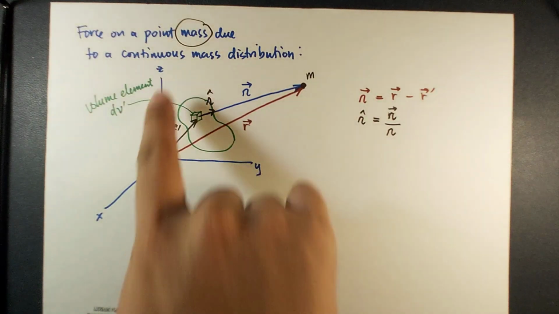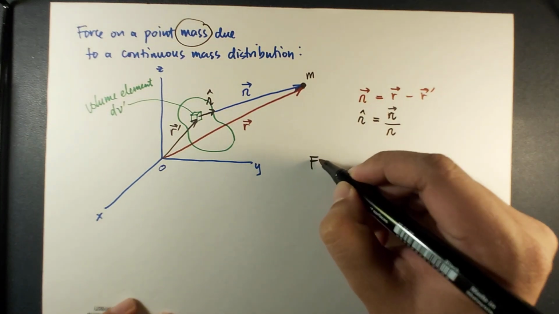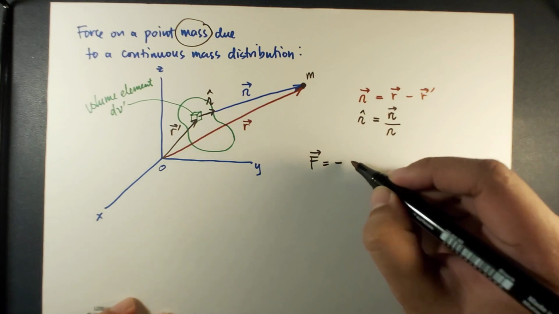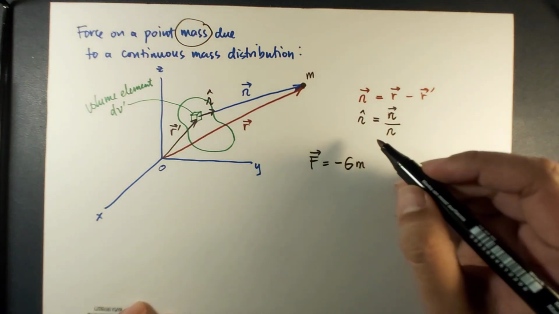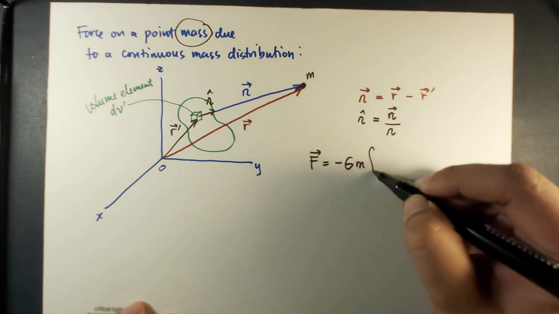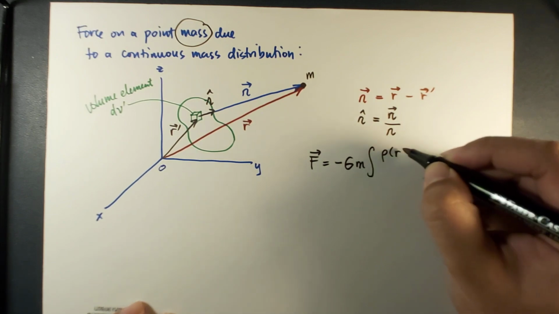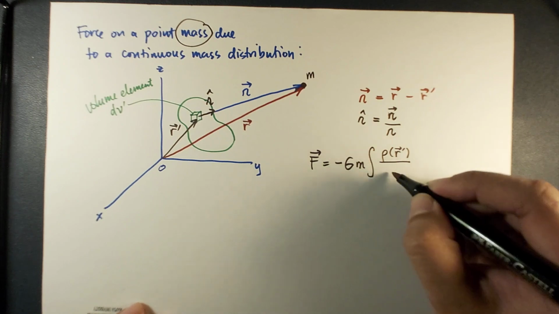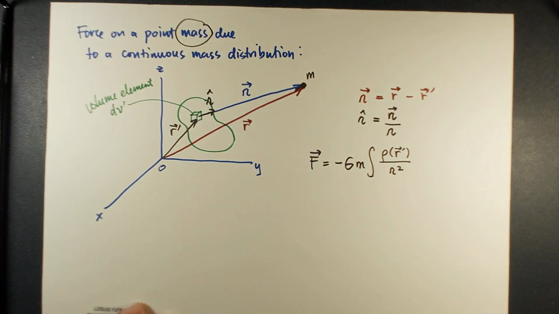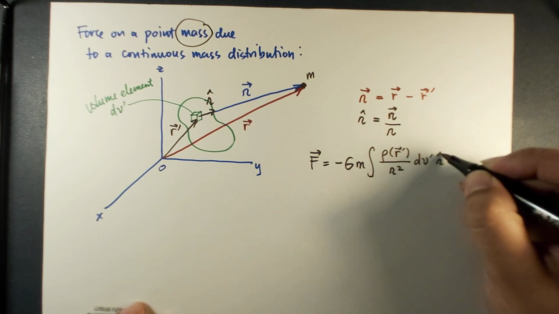For this configuration, the gravitational force can now be rewritten as negative G times our point mass m times the integral of rho of r prime divided by script r squared dv prime script r hat.